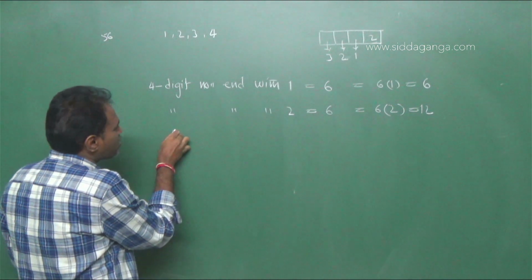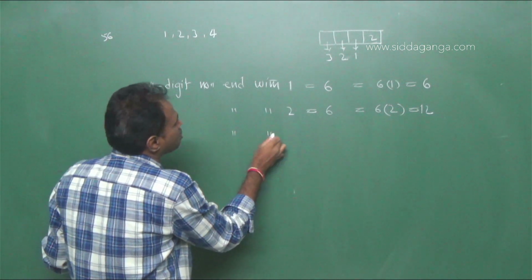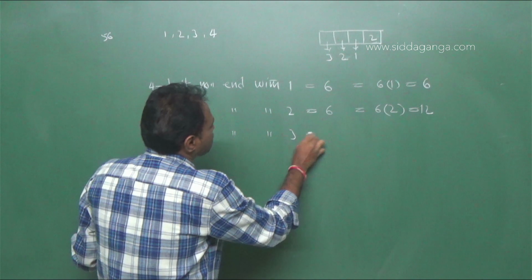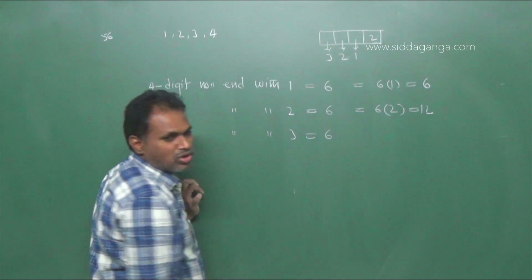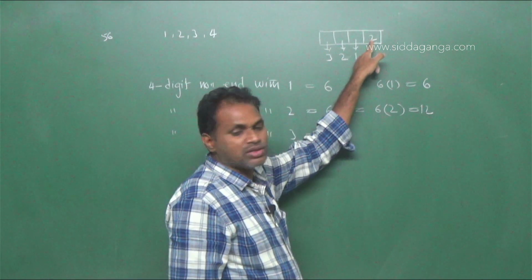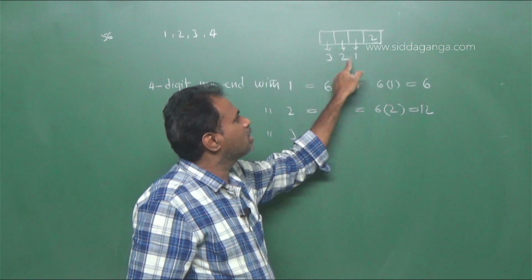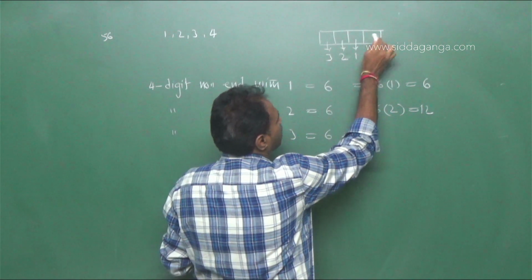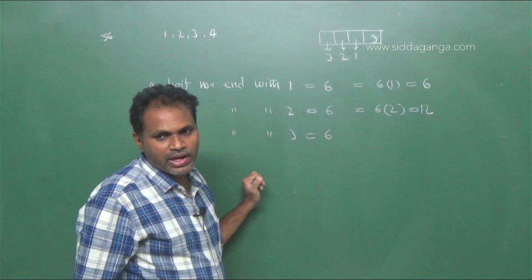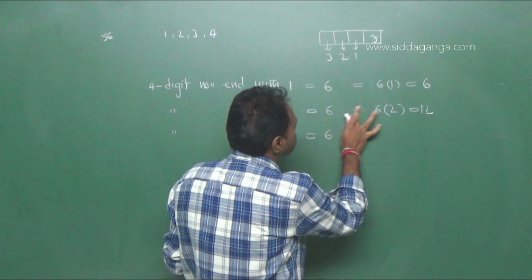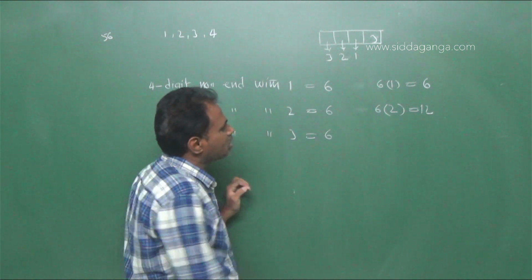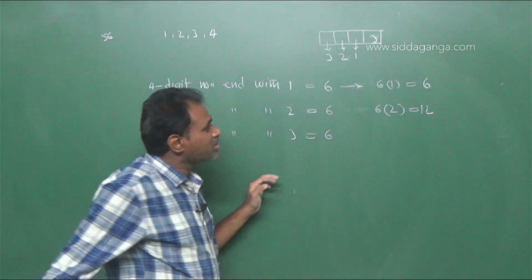Next, in the same way, 4-digit numbers ending with 3, these also you will get 6 only. If you fix 3 in the last box, then the remaining is 3 into 2 into 1. These six numbers end with 3.